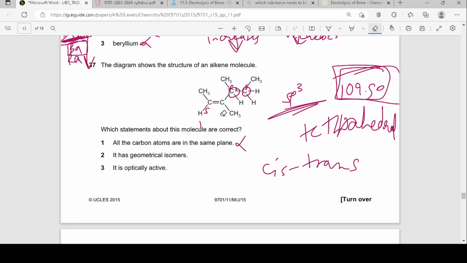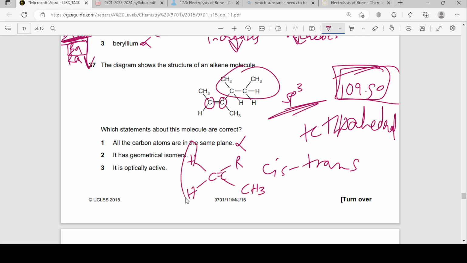Let's check. We have a double bond, that's one thing. And each of the carbon atoms involved in the double bond has different groups attached. It's not like I have CH3 and R, whatever this thing is, denoted as R, on one carbon and the same groups on the other, because then you wouldn't have cis-trans.